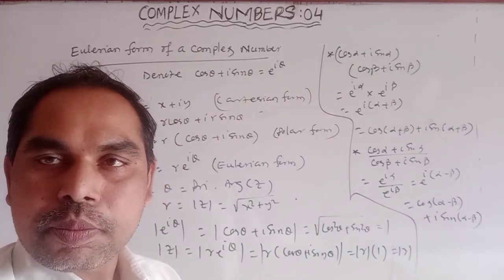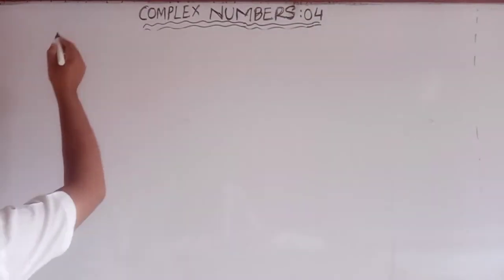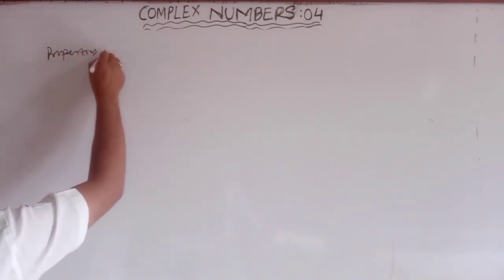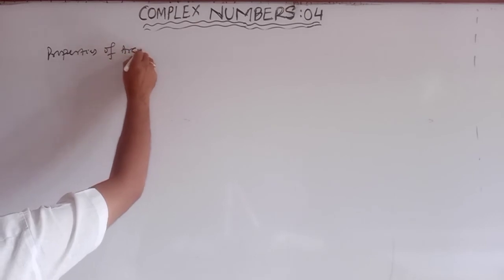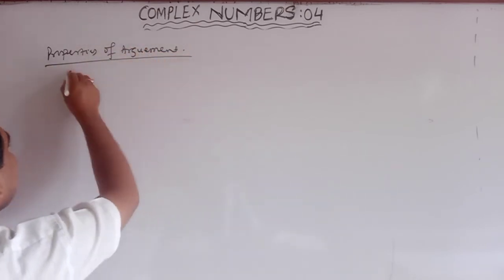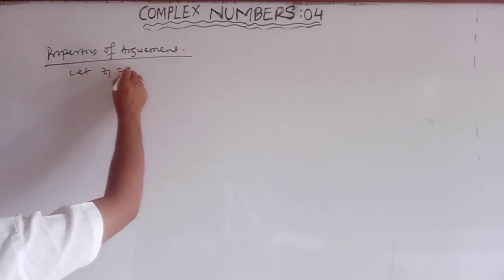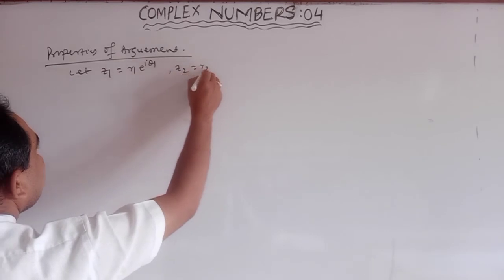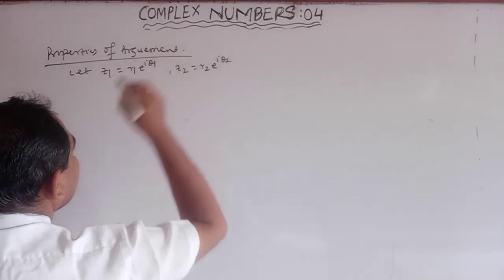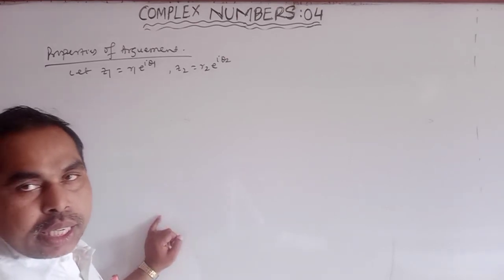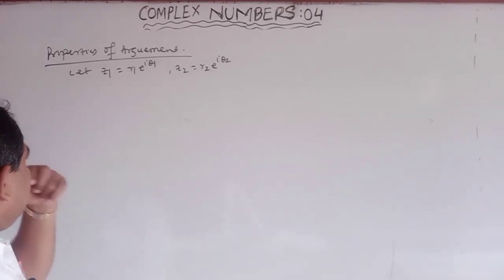Next, properties of argument. Let z1 is equal to r1 e to power i theta 1, z2 is equal to r2 e to power i theta 2. Both belong to complex numbers. Theta 1, theta 2 are the principal arguments of z1, z2.